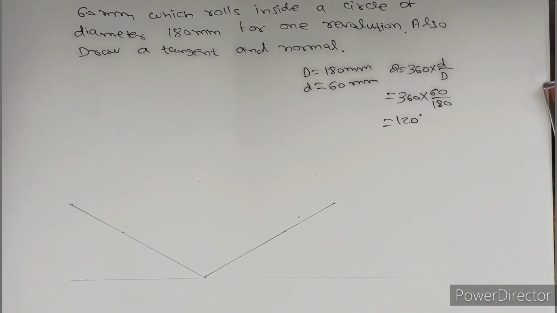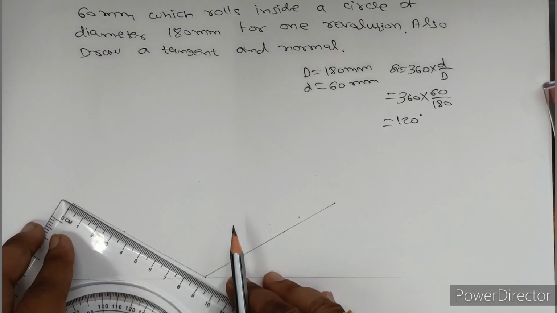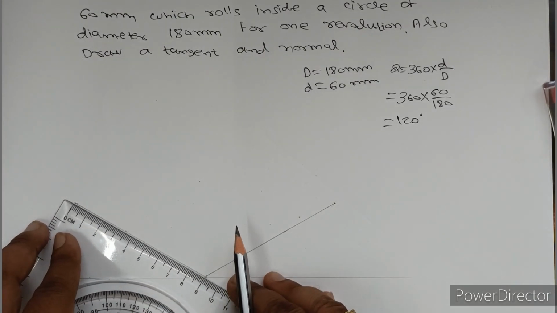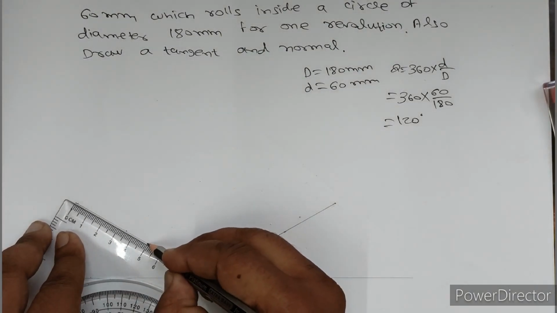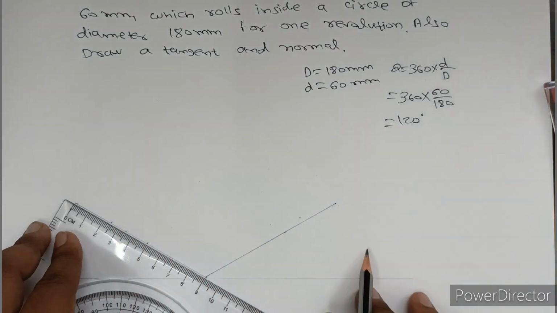Now students, what you have to do? You have to draw a circle of radius 25 mm, diameter 50 mm. So this is the inner circle, with radius 25 mm.